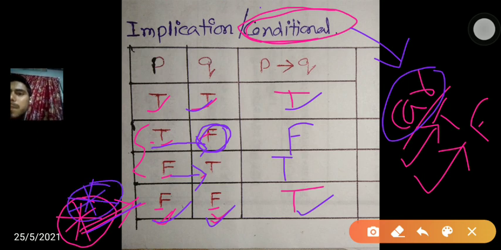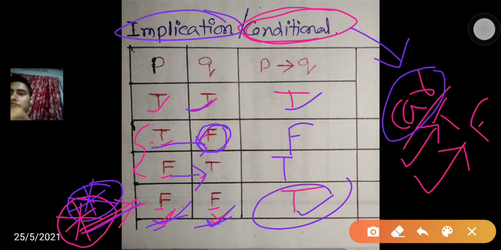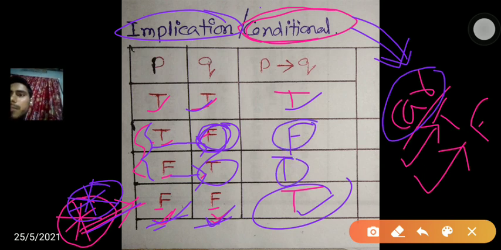Many students, whenever they see false, think it will become false. But in implication it is opposite. When both statements are false, their implication will become true. For the others, remember this trick, conditional car. When you go by car, the final destination is your result. If you meet a good person, that is true; if you meet a bad person, that is false.